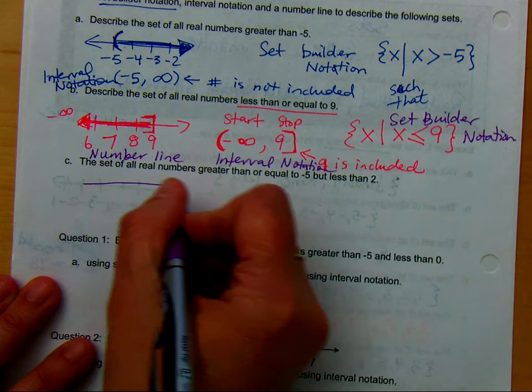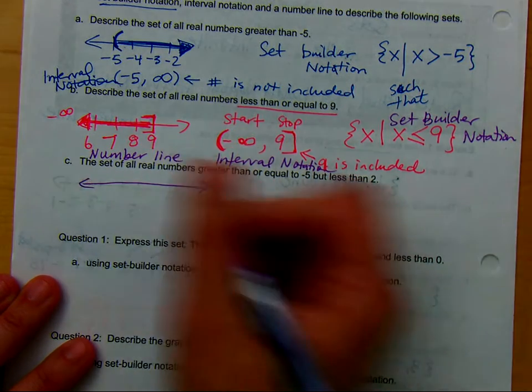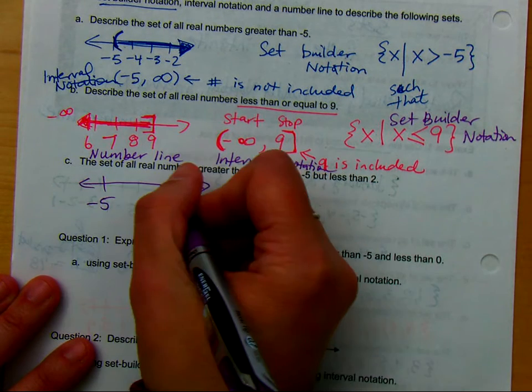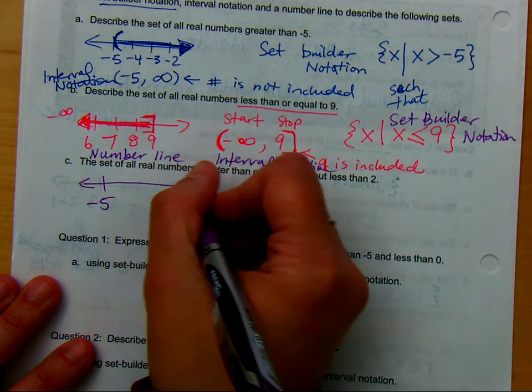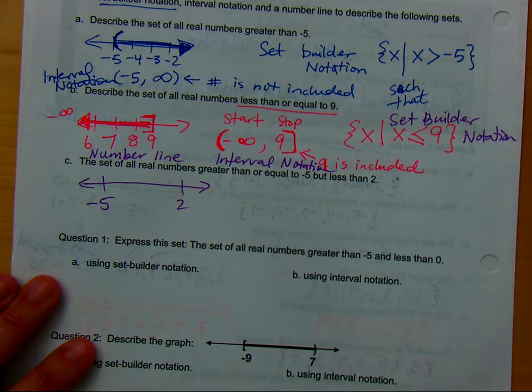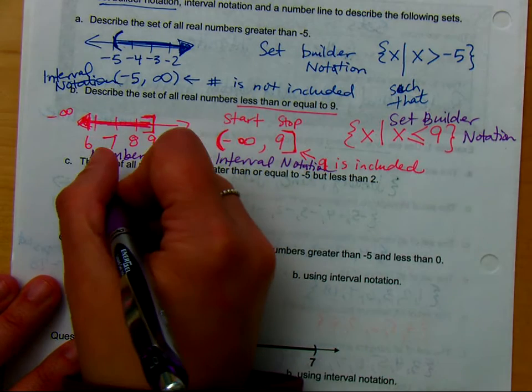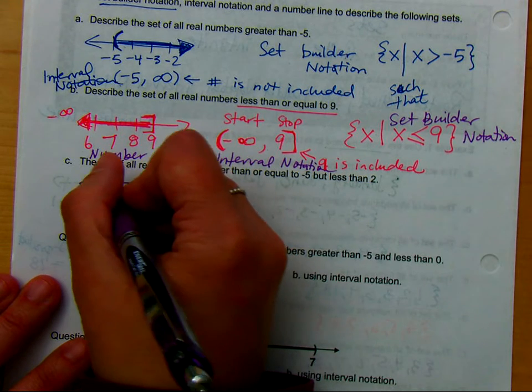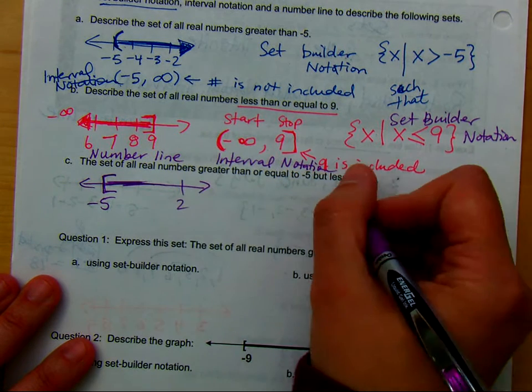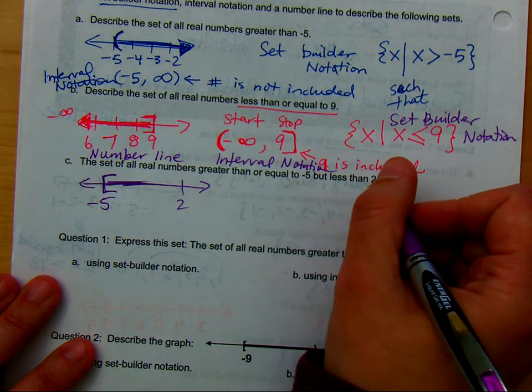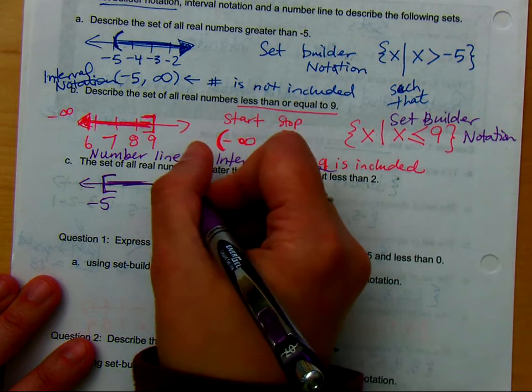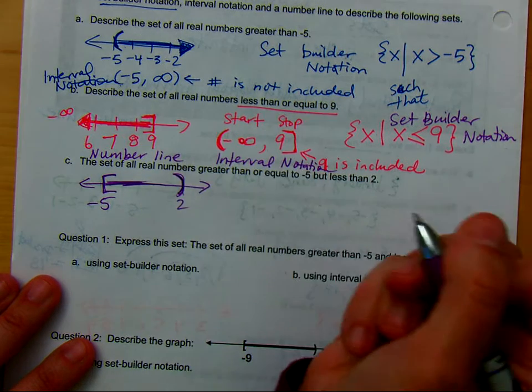Okay. C, the set of all real numbers greater than or equal to -5, but less than 2. So again, if we draw that number line out, here is -5, -4, -3, all the way up to 2. We want this to be greater than or equal to -5, so I'm going to put a bracket on -5. Greater than is this direction, and we want it to be less than 2, but not equal to.